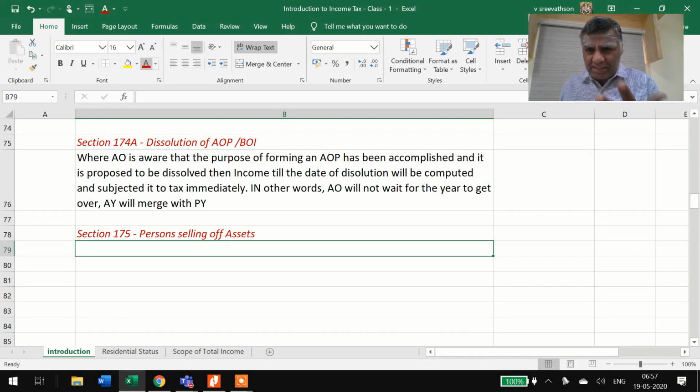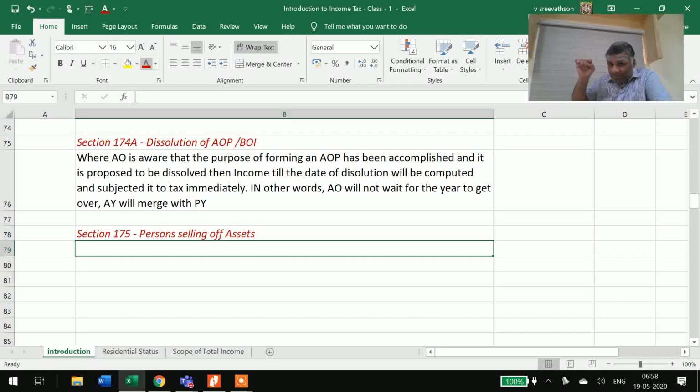The department is demanding, but you are not at all paying taxes. So what is the option the income tax department has to collect taxes? Come and take over your assets. Please understand, the department can come and take over your asset for the tax that is due by you.